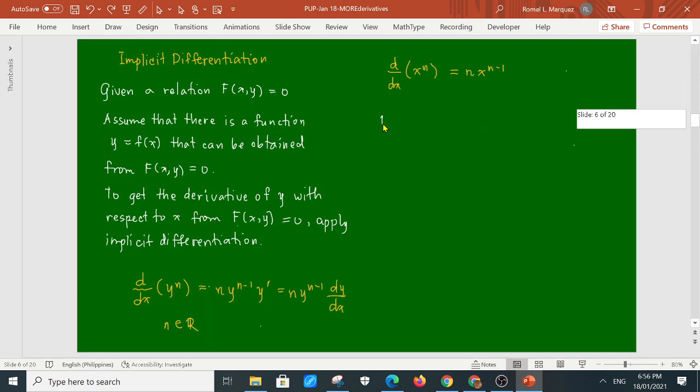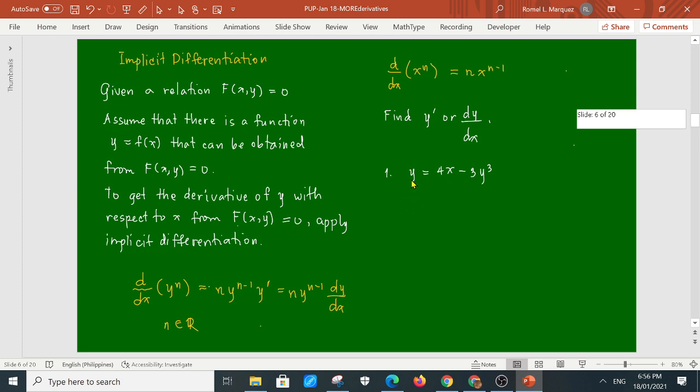So number 1. Find y prime or derivative ng y with respect to x. Given y equals, let's say, 4x minus 3y cubed. So what is y prime?